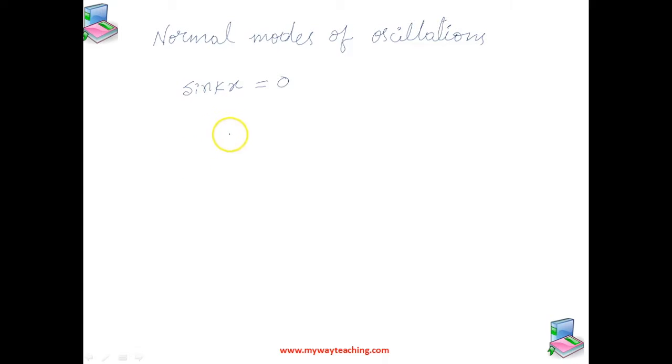This implies kx is equal to n pi, where n can be 0, 1, 2, 3. We also know that k is equal to 2 pi by lambda. So we get x is equal to n lambda by 2, where n is equal to 0, 1, 2, 3.